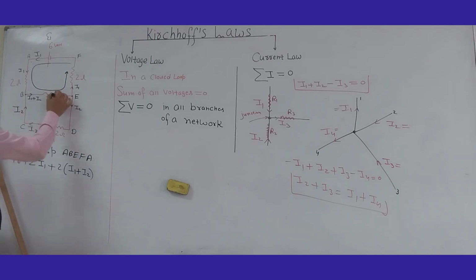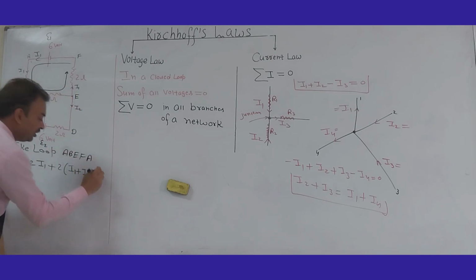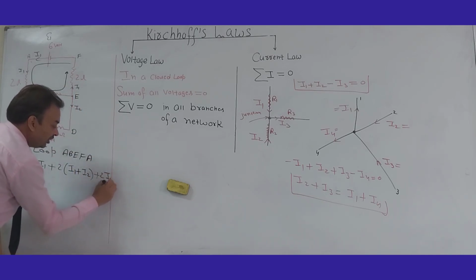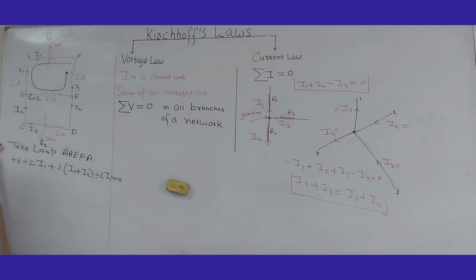Okay, so because I am moving in this loop, what is the voltage drop across this? So the voltage drop is plus 2 times I1, and the sum of the voltages must equal 0 as per Kirchhoff's voltage law, right? So again let me repeat it. I am using this upper closed loop.